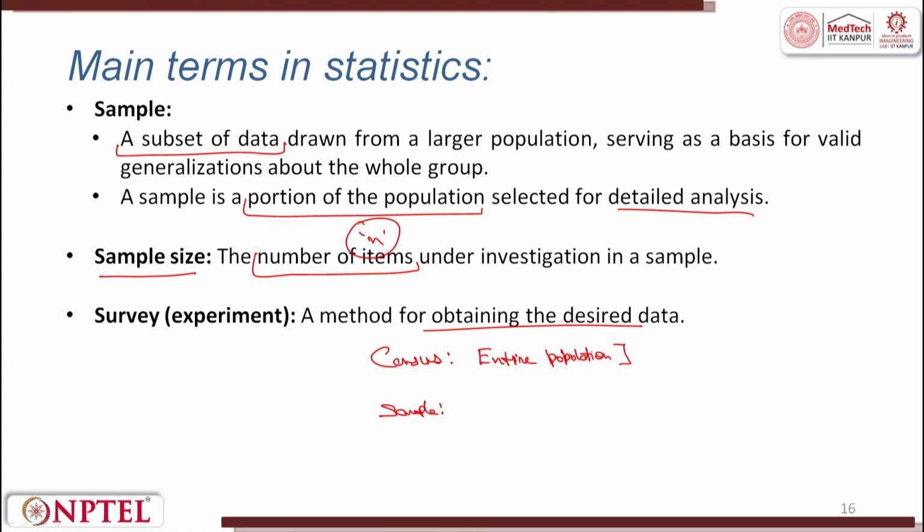Sample is when you select a specific set, only the sample size that is selected, small n, is inspected. So, census survey is generally for capital N, that is population size. Sample survey is only the portion of entire population that is taken.